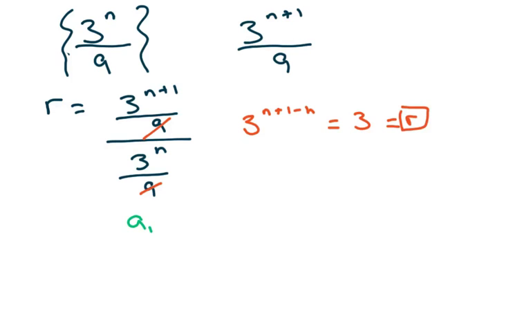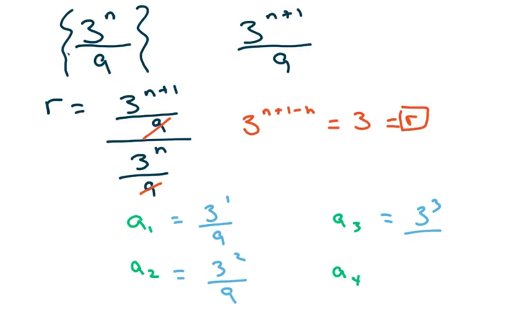4 terms, and you're just using these index numbers to plug in. So you get 3 to the little 1 over 9, 3 to the little 2 over 9, 3 to the little 3 over 9, and 3 to the little 4 over 9.